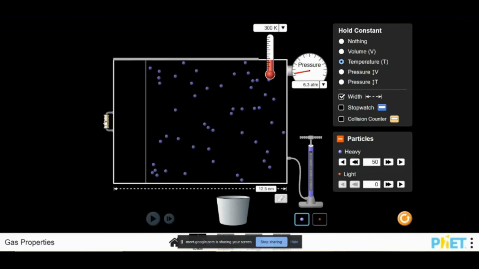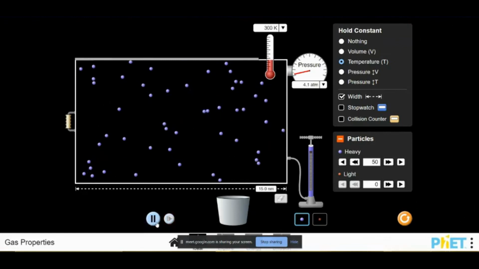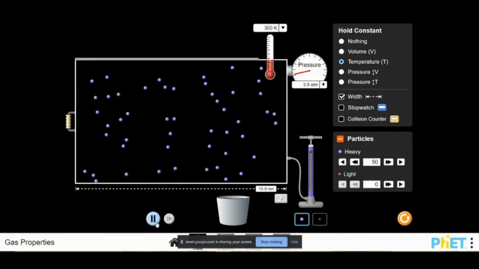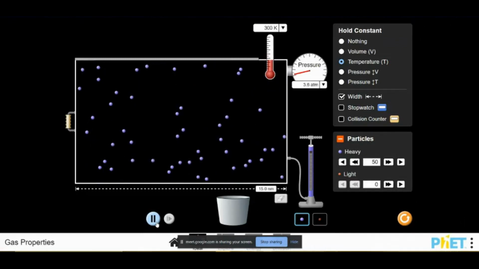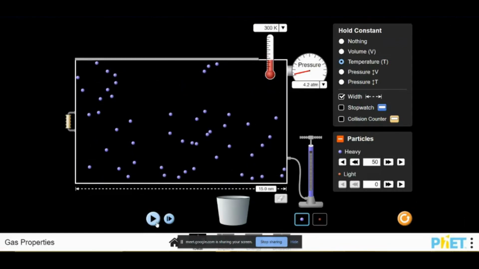The last one is 50 nanometer, so we play again. Then we click pause and get the pressure value for the last one.